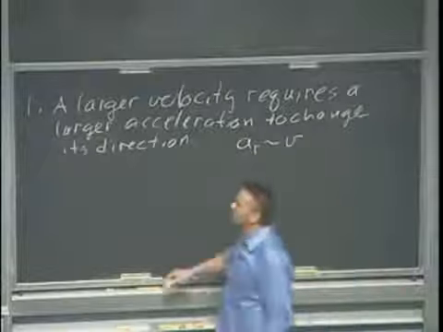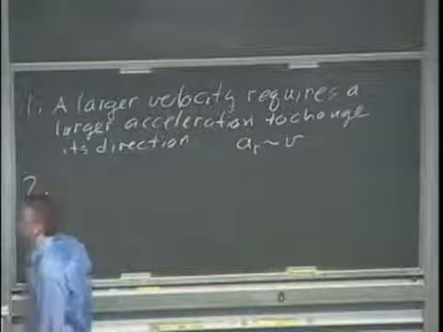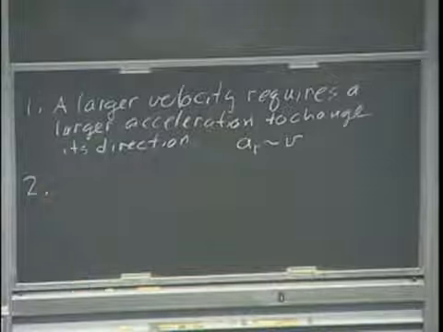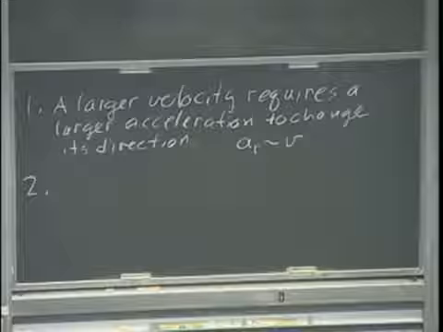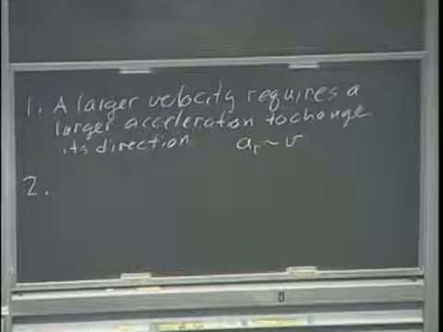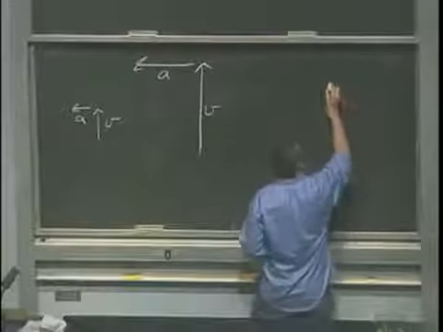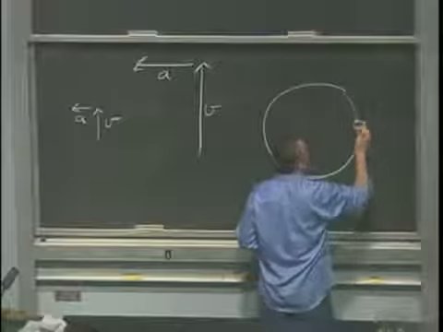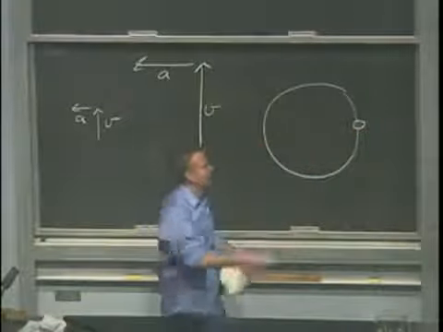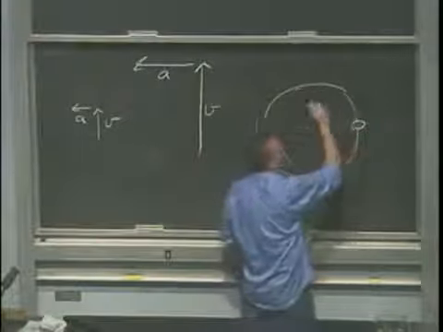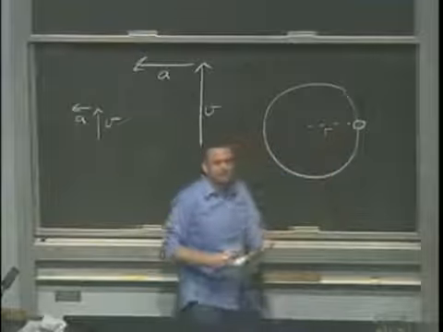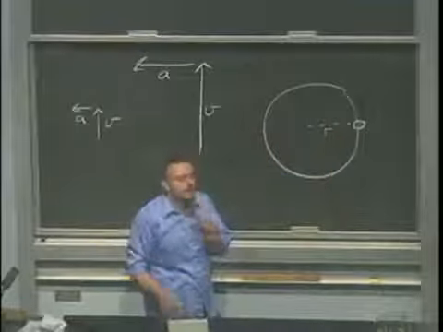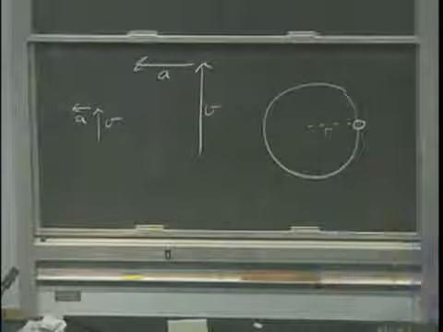Okay, so that's not the end of the velocity story, because let's think about that mass moving in a circle. So there's the circle. Here's our mass. I've got that string that's attached to it, so it's moving around with that radius. Let's think about the time it takes to go around.